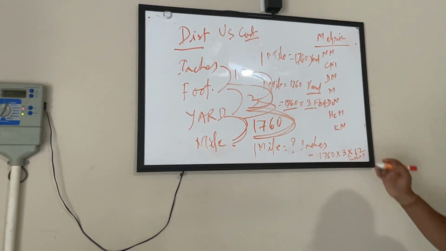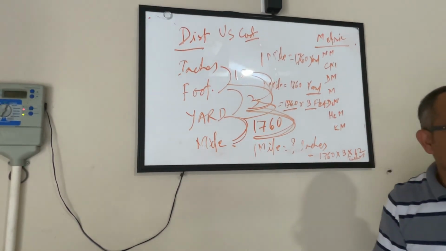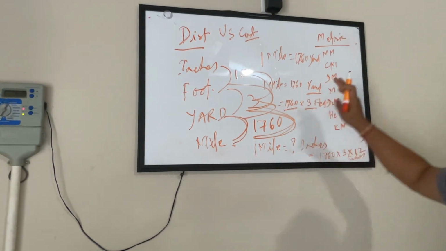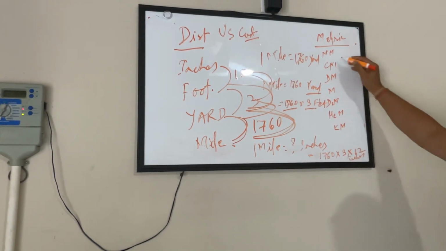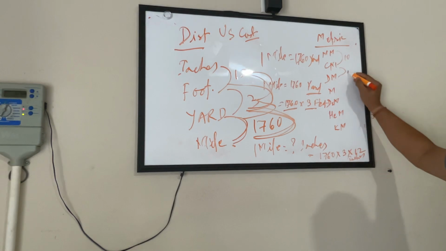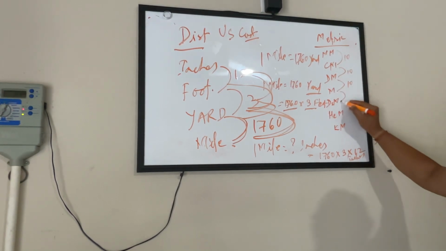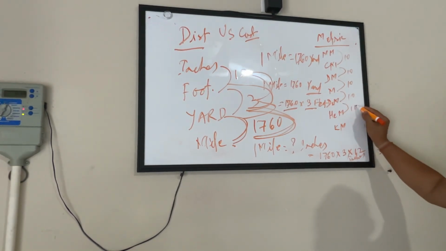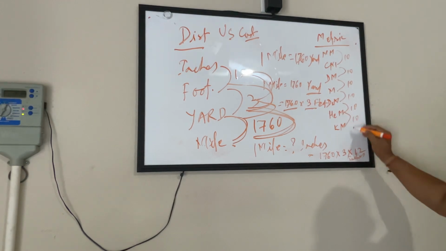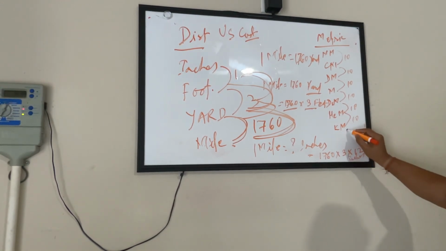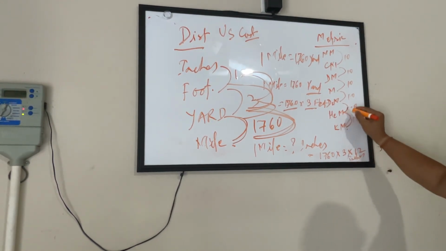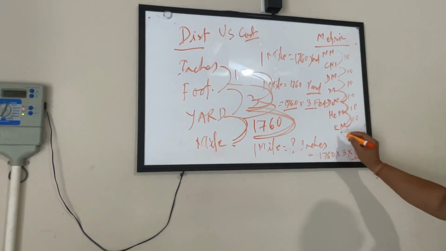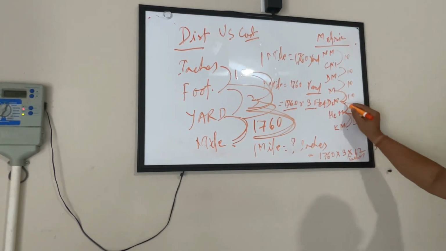Like when we were doing milli, centi, deci, everything was 10. So if somebody said, tell me how many meters in a kilometer, we say, okay, 1, 2, 3 steps. One step is 10, second step is 10, third step is 10.